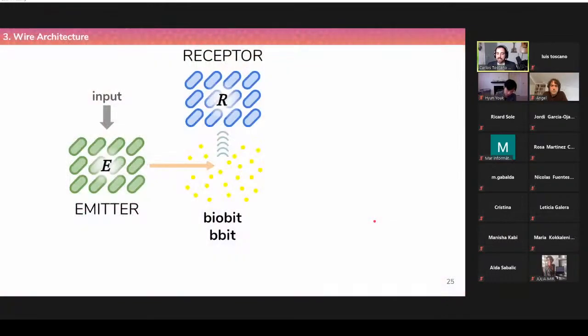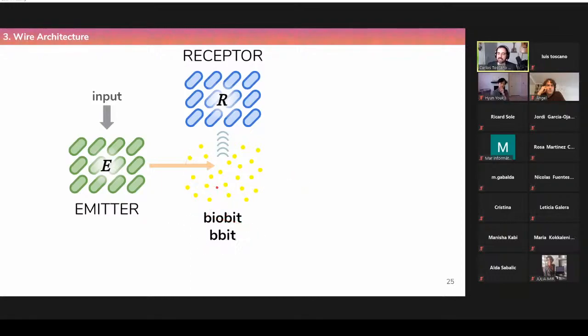So moving forward with the wire architecture, this is the main architecture that you can observe in most iGEM projects. You only have one cell type, one strain, that is going to be the emitter, that in presence of an input signal is going to secrete communication molecules. I'm going to keep it abstract and general, so I'm going to call any communication molecule biobits, shortened BBIT.